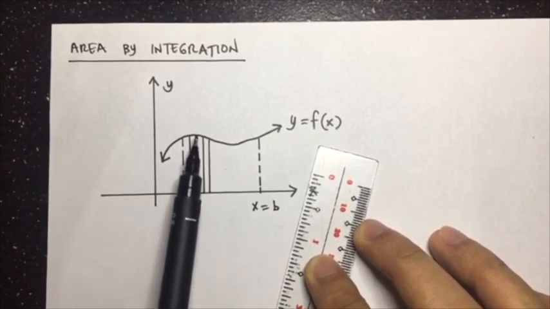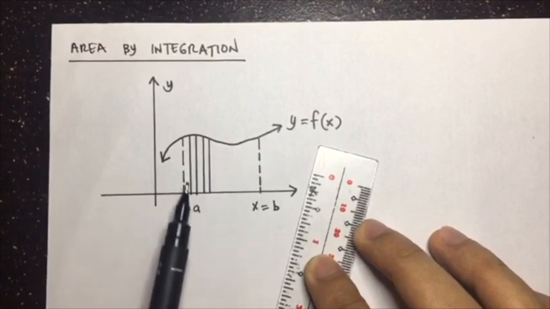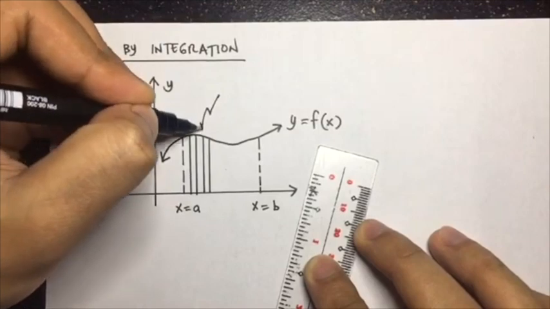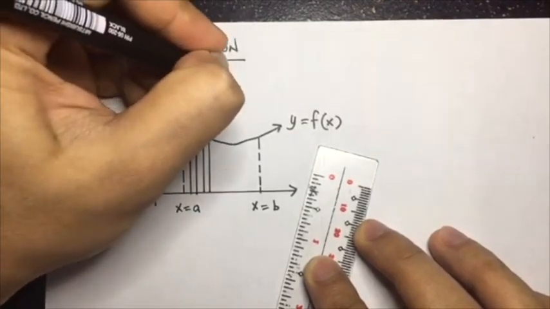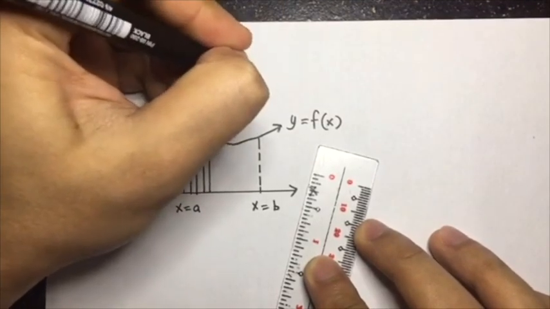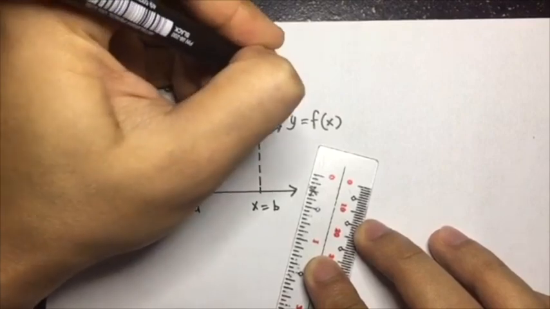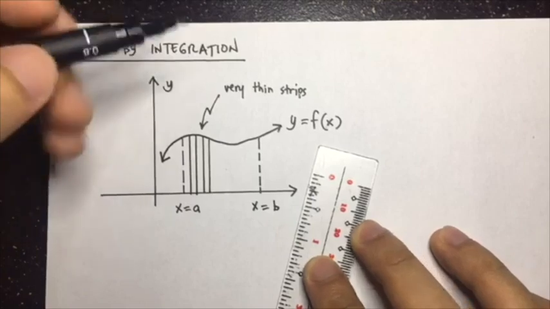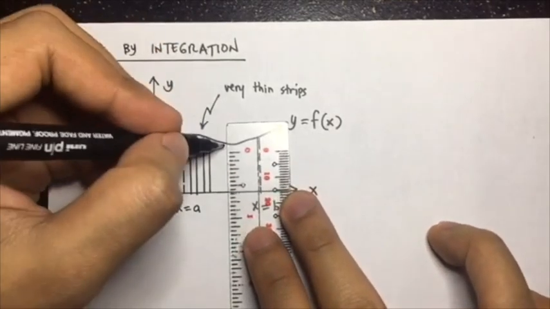We will divide the area into very thin strips. Let's say we take one strip here.